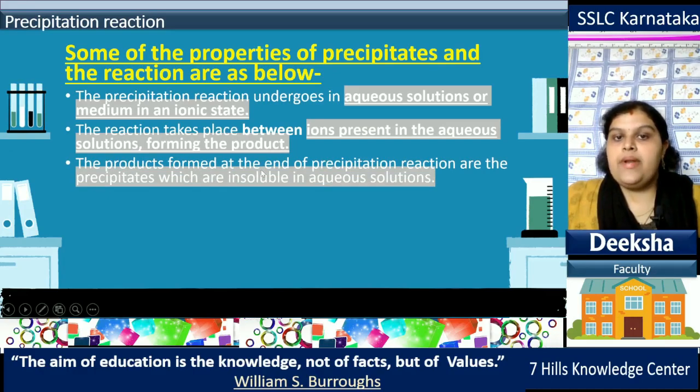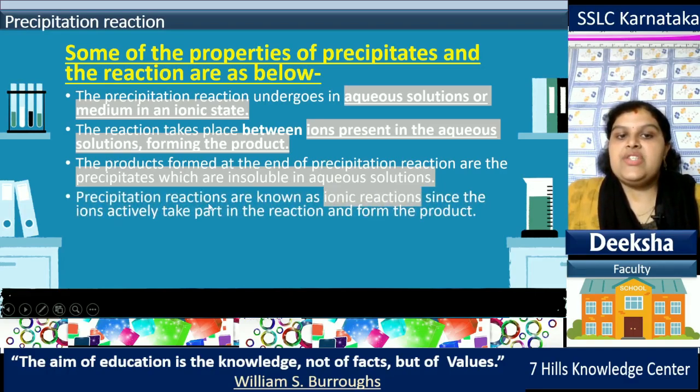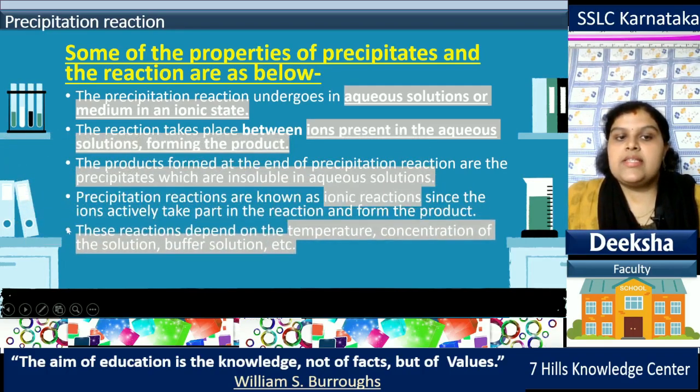The products formed at the end of the precipitation reaction are the precipitates which are insoluble in aqueous solution. Precipitation reactions are known as ionic reactions since the ions actively take part in the reaction and form the product. Next, these reactions depend on the temperature, concentration of the solution, buffer solution, etc.